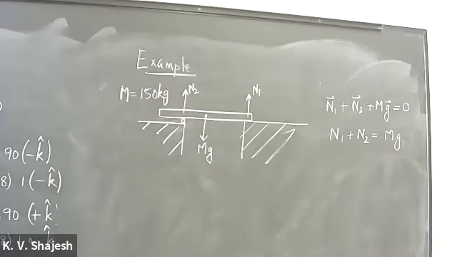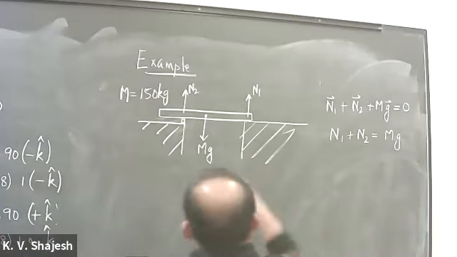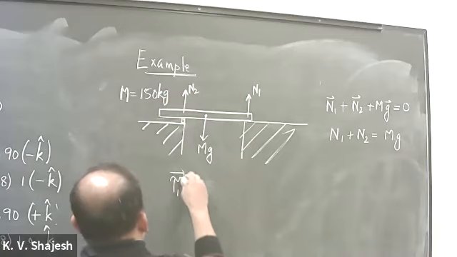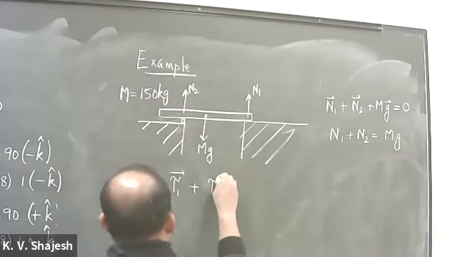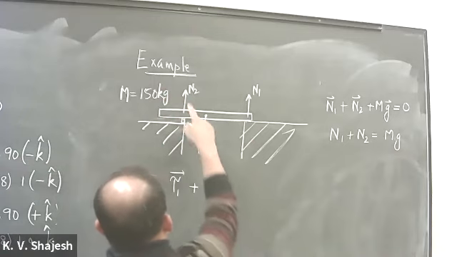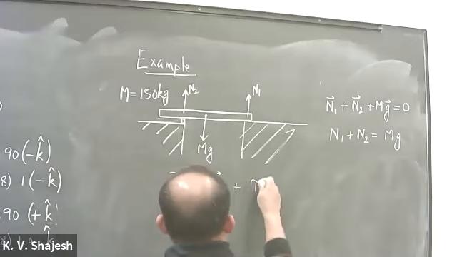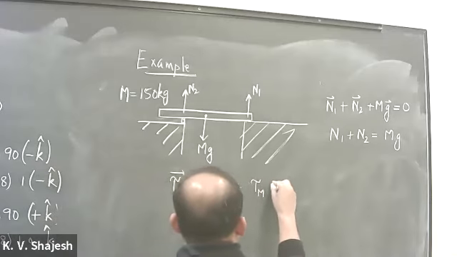But if we know that the torque also has to be balanced, so the torque due to the normal force from 1, plus the torque due to the second normal force, plus the torque due to the mass is equal to 0.